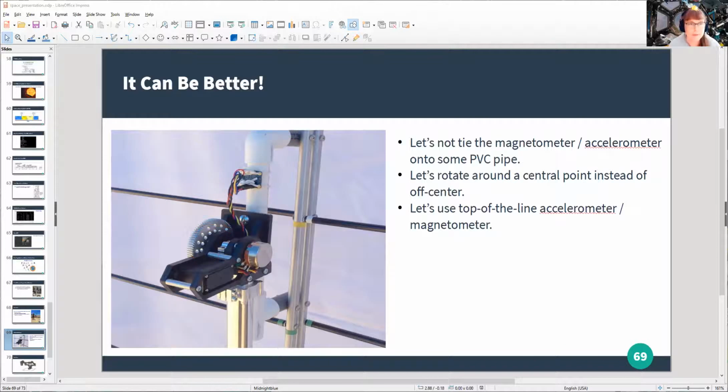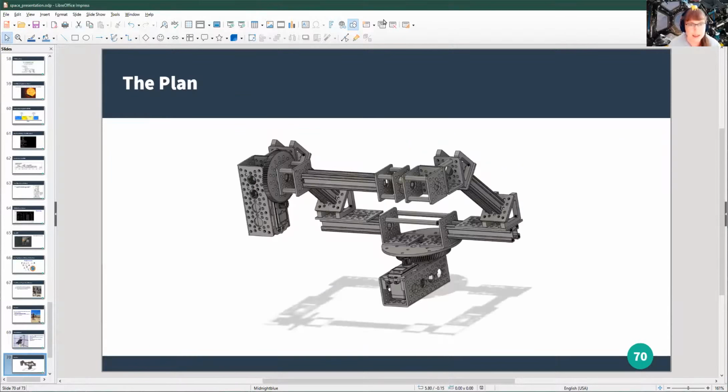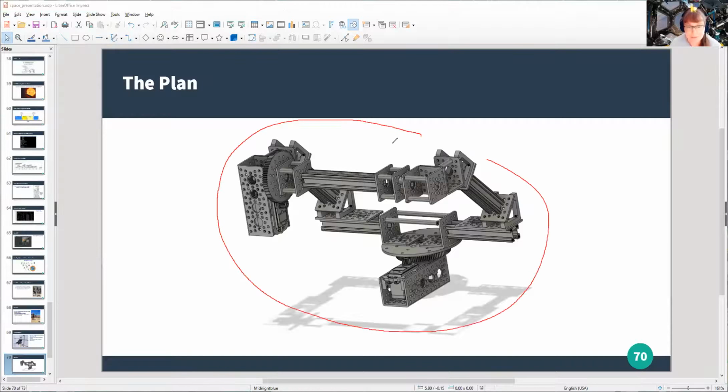So what I'm working on right now is this idea right here that I threw up in CAD, and I'm currently waiting for all the pieces to come. But essentially the way this works is that it's the same idea. You have two motors. One rotates around a central point here for the azimuth. And then there's another motor here that spins this rod that will do the elevation.